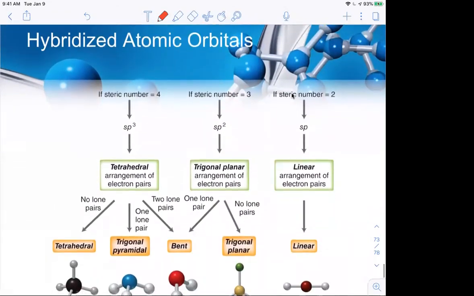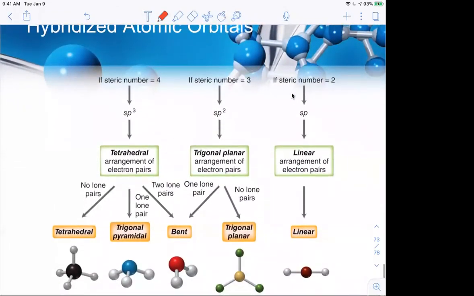So here's sort of a summary. Here's my hybridization. The steric number is just the number of electron groups. Anything that is tetrahedral in terms of electron geometry, I'm going to have these 3 molecular geometries.